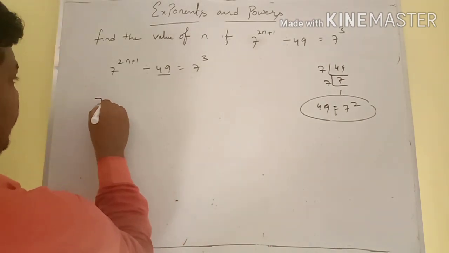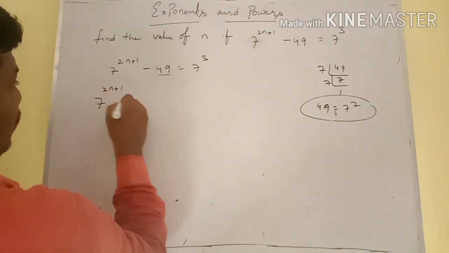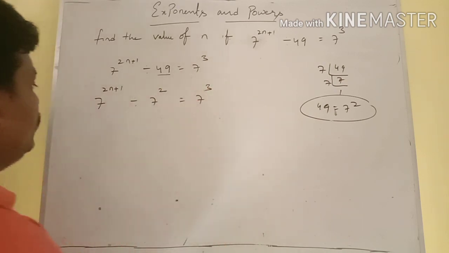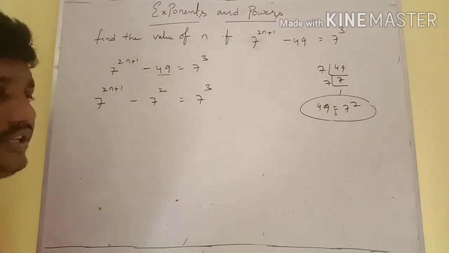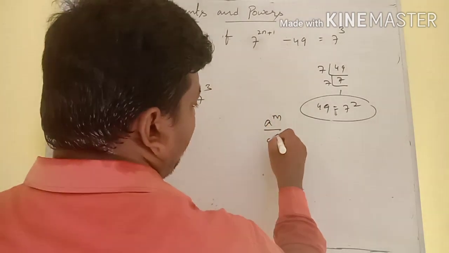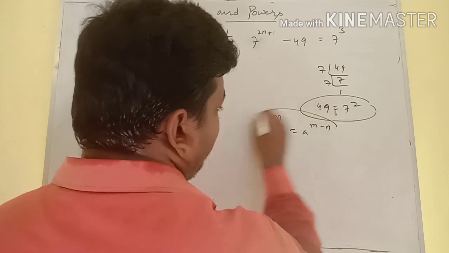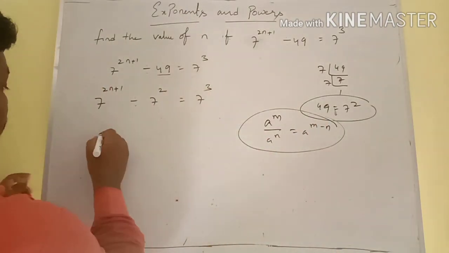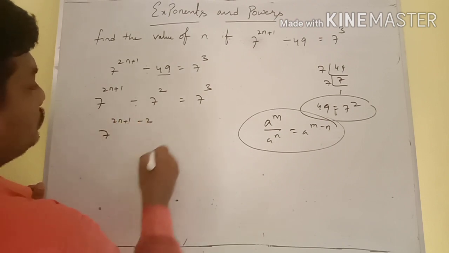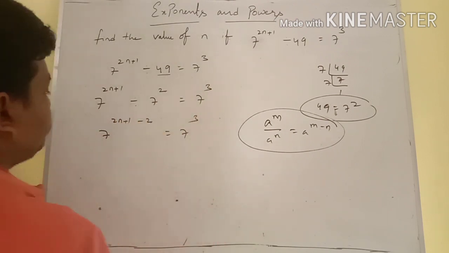This can be written as 7 power 2n plus 1 divided by 7 power 2, is equal to 7 cube. This is in a division condition, so the formula a power m by a power n is equal to a power m minus n applies. So this can be written as 7 power 2n plus 1 minus 2 is equal to 7 power 3.